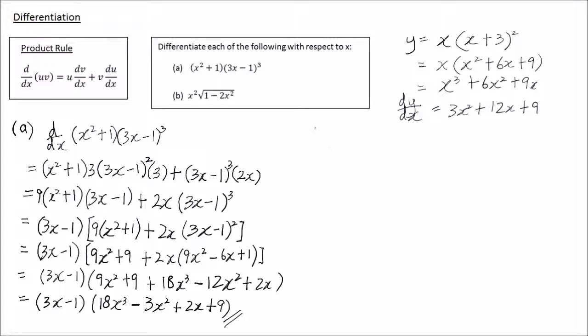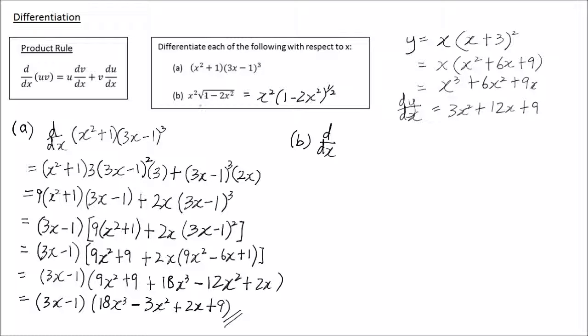Now let's look at the second question. Part B, we are asked to differentiate this. This can be first written as x squared followed by the bracket 1 minus 2x squared to the power of half.